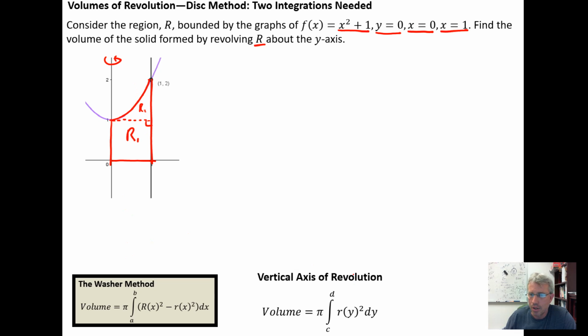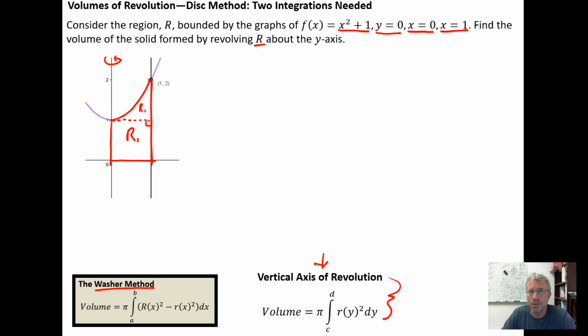In fact, for this region, we can just use the vertical axis of revolution formula that we developed in video number 1, whereas this region here, if we revolve it around the y-axis, this piece here is going to be missing. So we have a washer method being needed for the second piece. So this really needs to be broken into two separate pieces.